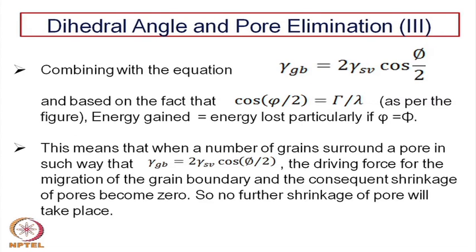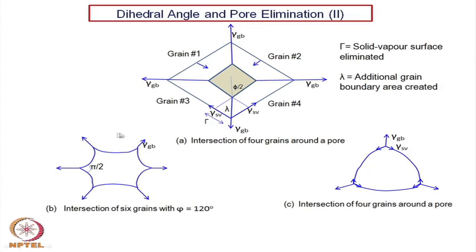Okay. I will also look at this. This is also a stabilized system, where there are 6 grains intersecting with phi equal to 120 degrees. This is also a very stable configuration. Okay. And whenever there is a convex configuration, this is also important. Although we have considered here a plane configuration, the convex or the concave nature is also important.